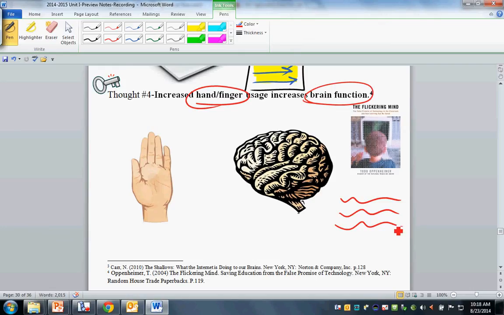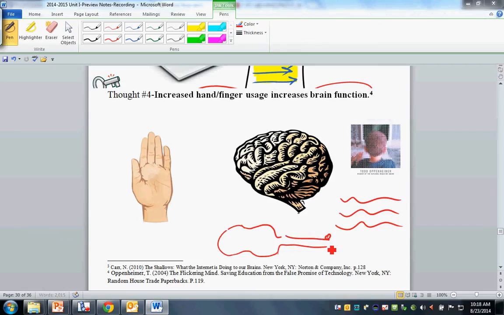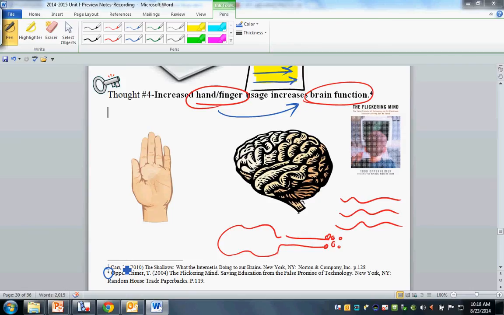So the more you physically write, like a journal, the more you play an instrument, that's my meager attempt at, let's say, a cello, or a guitar, whatever. The more you draw and paint, the more you work with clay, the more interactive you're using your fingertips in the physical world, it does increase neuron connections. Once again, there are citations. If this is sounding a little out there, I do have citations for everything I'm saying.